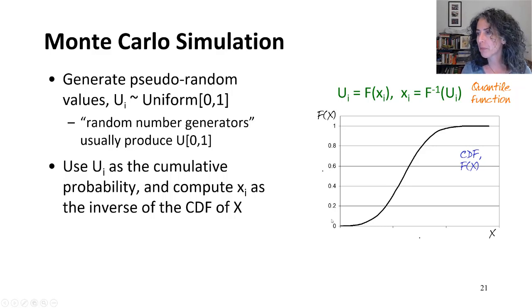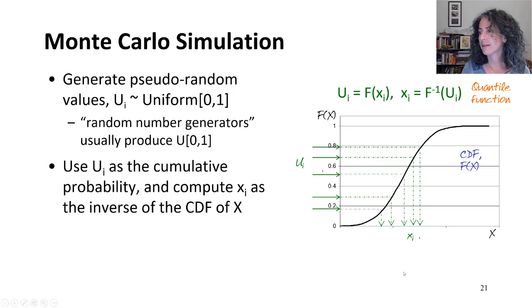So I'm going to put my uniform 0 to 1 value on the vertical axis, and I'm going to shoot it through the CDF and down, and that's going to give me a value from my distribution. Right, then I'm going to take another uniform value and shoot it through and get another value of X, and then another, and another, and another. So with each uniform 0 to 1 random value, I get a value of X.